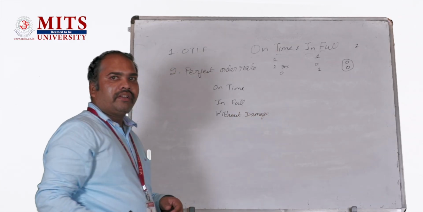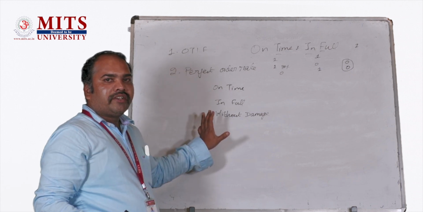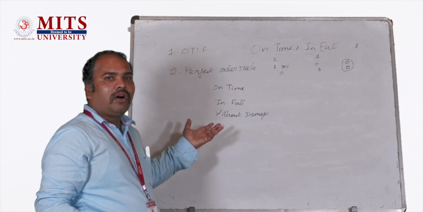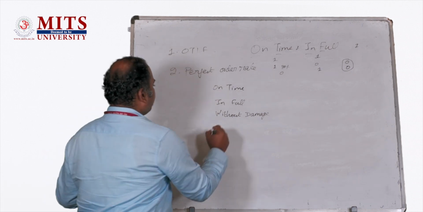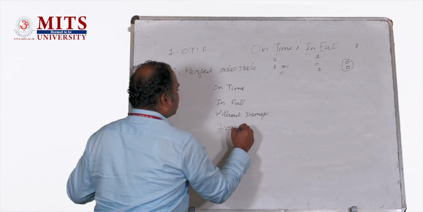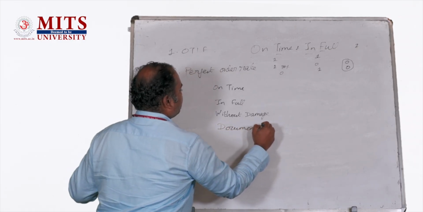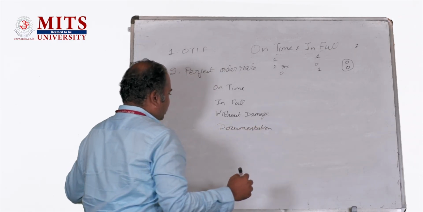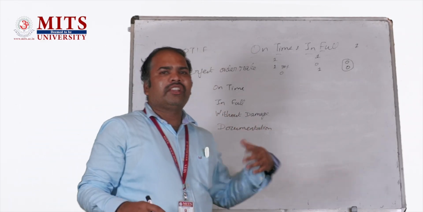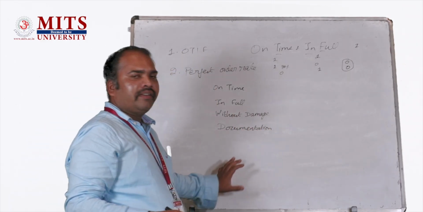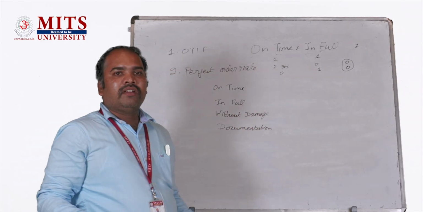And the fourth metric is that all the documentation pertaining to that order is perfect. Your invoice or any other tax oriented documents, any other documents pertaining to that order are perfect.